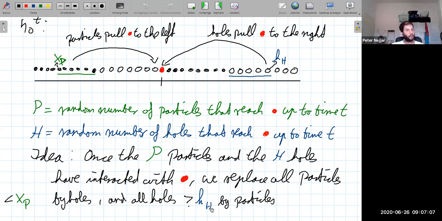At least that is the idea, because P and H are precisely defined so that they are the particles and holes relevant for the second-class particle.